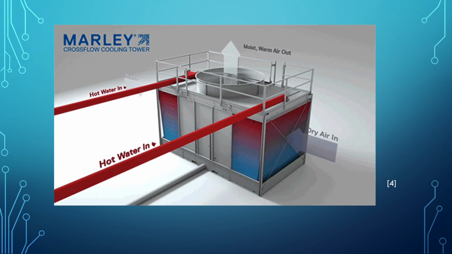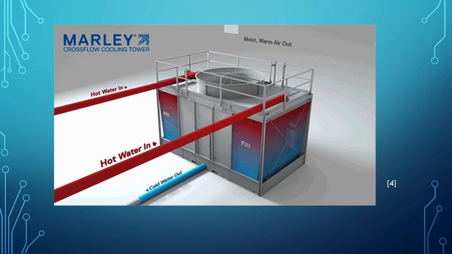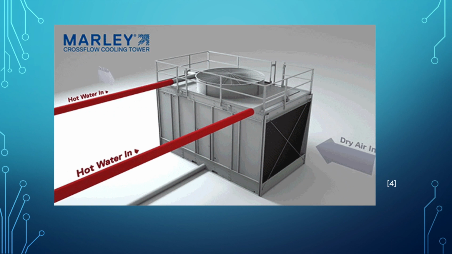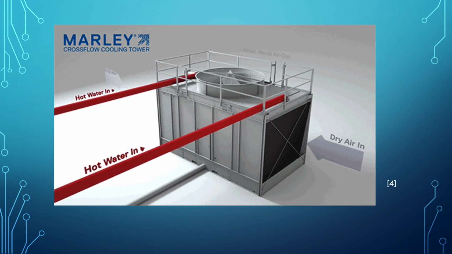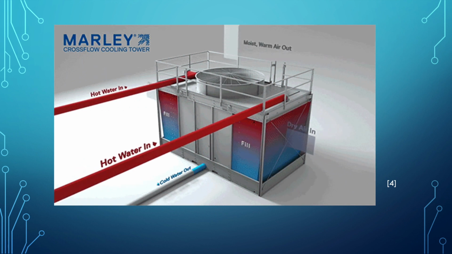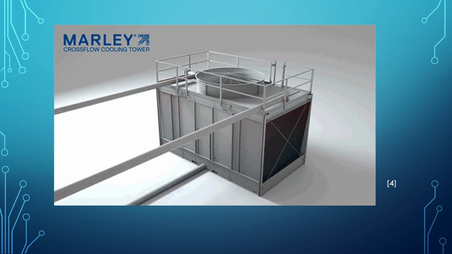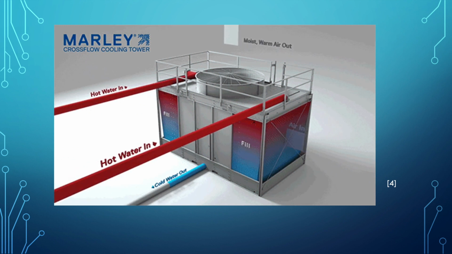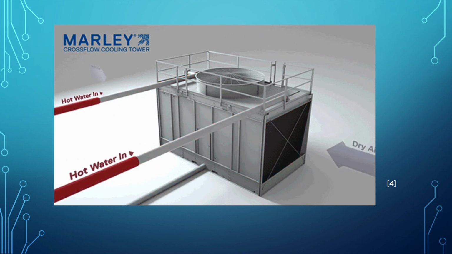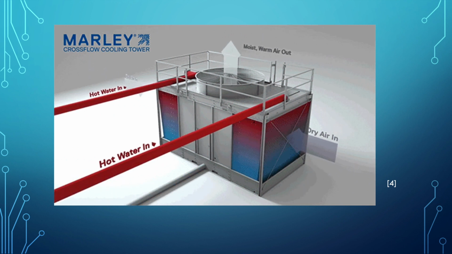I'm going to leave this up here a second before I explain it. Okay, so hot water, after it cools off the devices, it heats up, it comes in from the top, it flows downward while dry air comes in from the side.